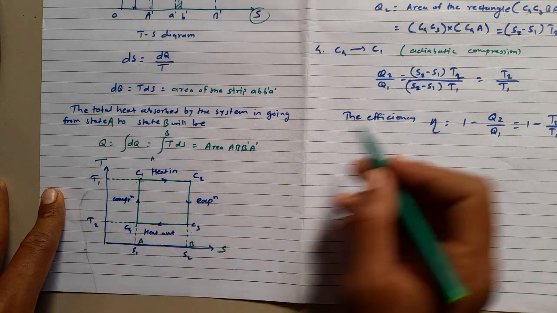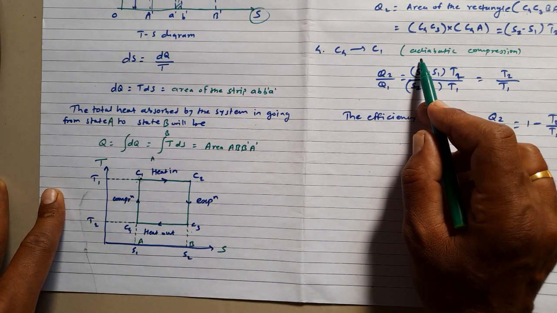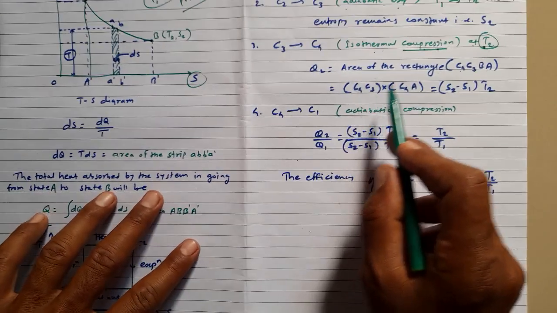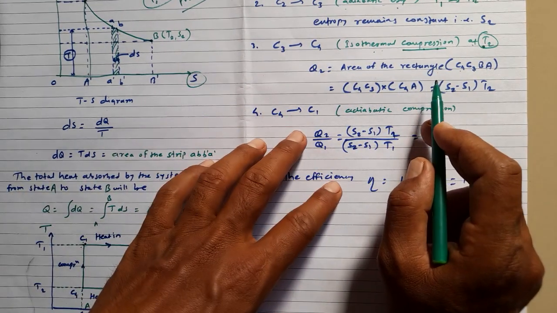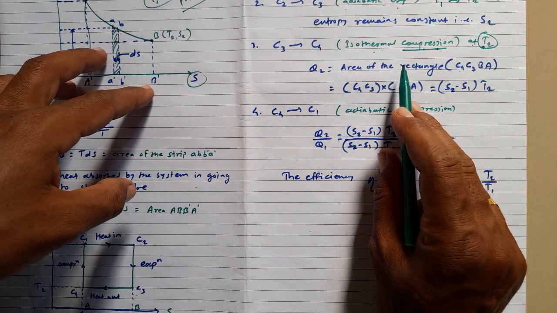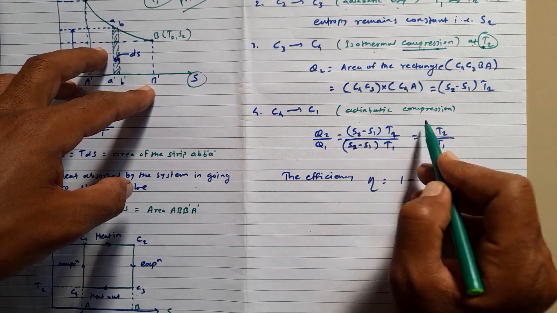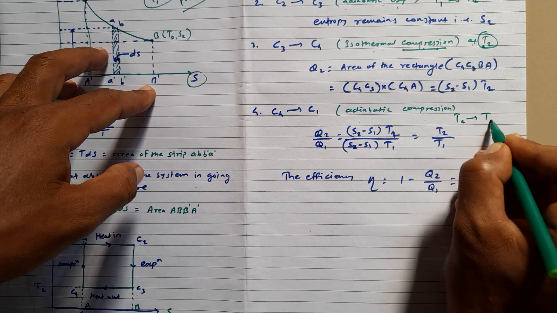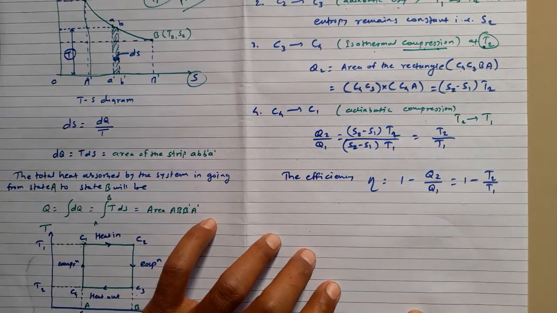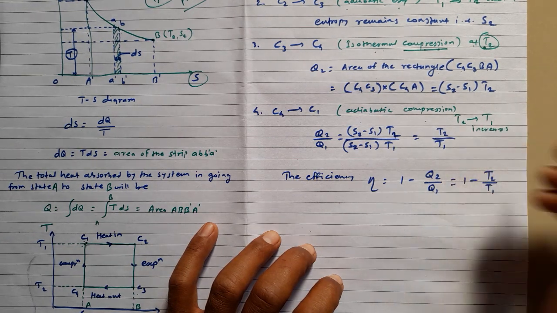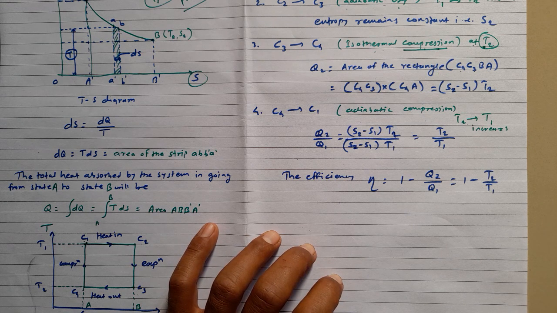There is no change in its entropy, and because of the adiabatic compression, the temperature changes from T2 to T1. The temperature increases from T2 to T1.